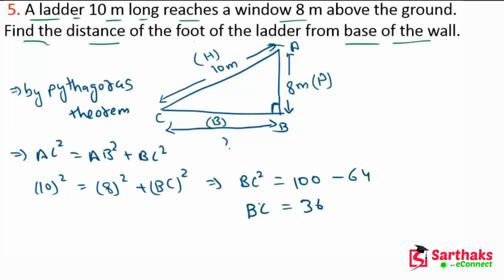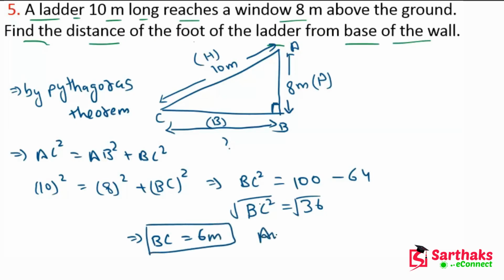Taking under root both sides, we get BC is equal to 6 meter, because all the values are in meter. So this is our required answer.